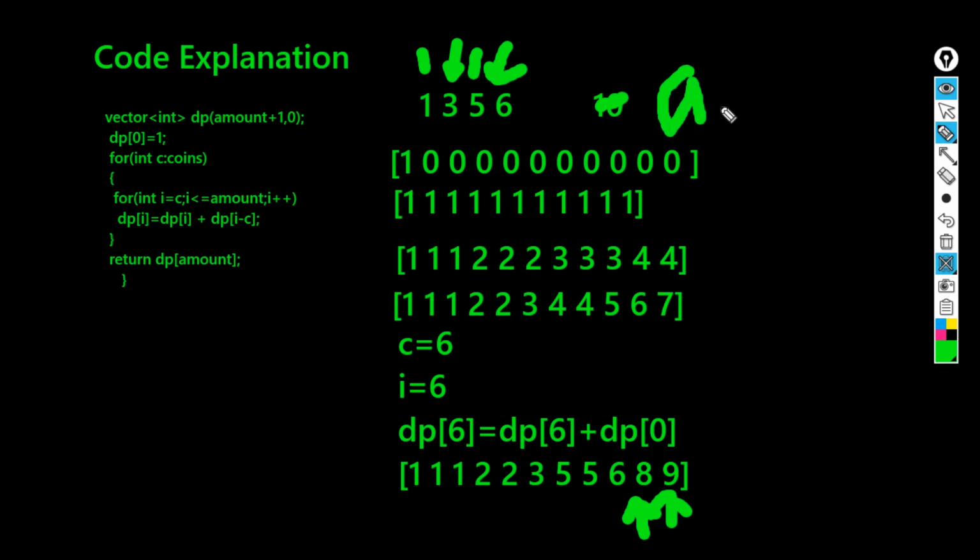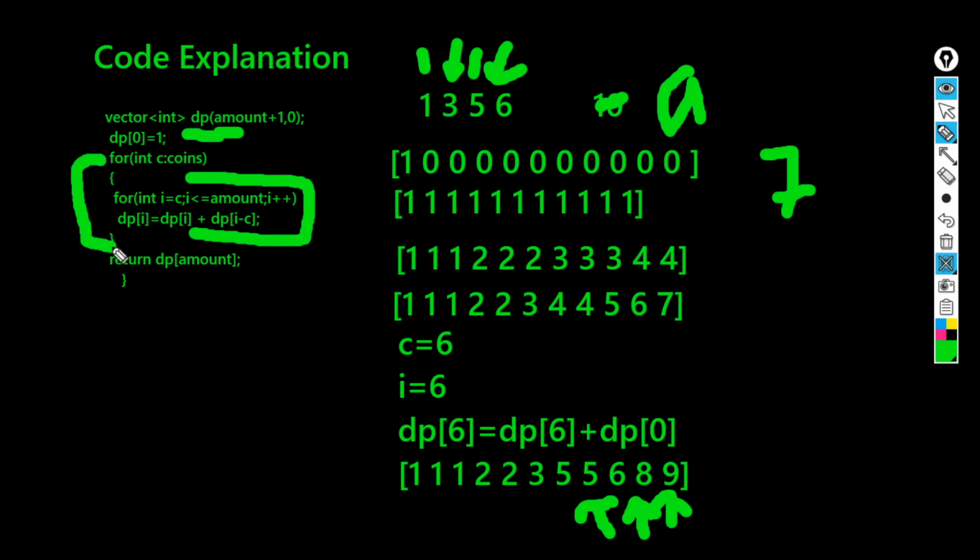If we want to find it for the target value 7, it will be 5. Similarly, for every target value we can find the answer using this. This loop is for initializing c and i. At the end we just return the solution.